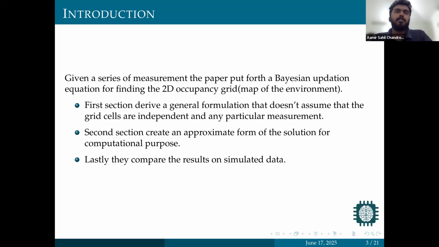The second section talks about a couple of approximations to the general formulation to make the simulation, or finding the result, much less computationally complex. And lastly, they put forward two toy problems and a simulation where they showcase the equation working. So this is mainly a theory paper.